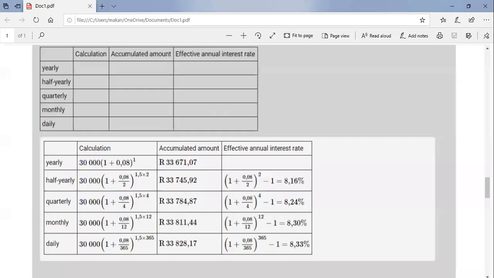plot. So we have looked at this, we've seen the trend, we've seen the effective interest rate. It increases as and when the interest is calculated on a year, whether it's yearly or daily. So we've already said if you calculate it yearly or half yearly, for instance, it will not generate a much higher effective annual interest rate than when you do it daily.